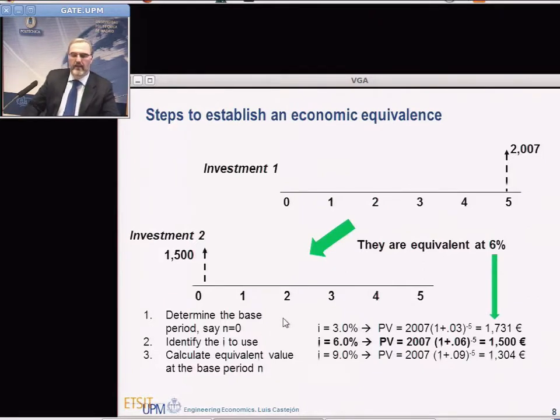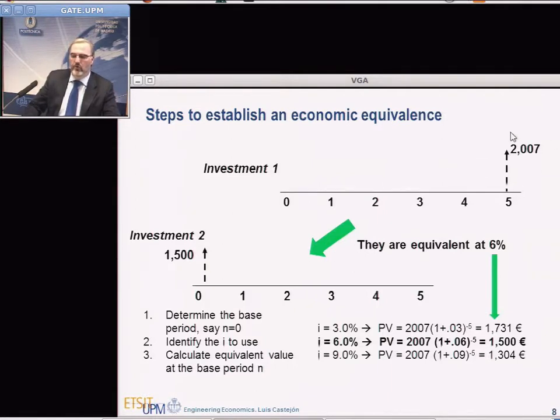And then the second step is, as we have said, investment 1 and investment 2 are economically equivalent when we find a certain interest rate that makes both investments equivalent today.